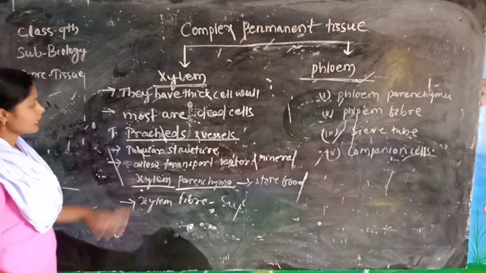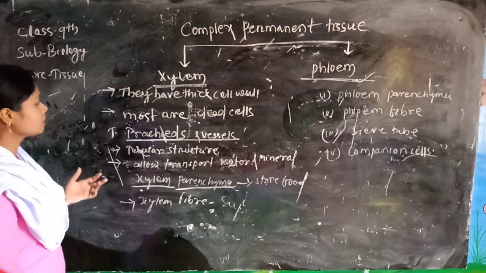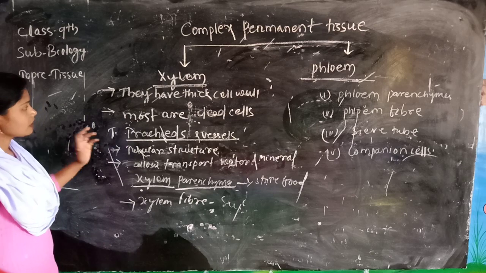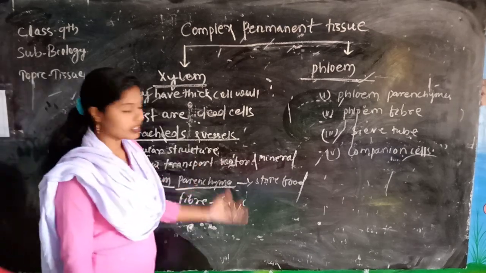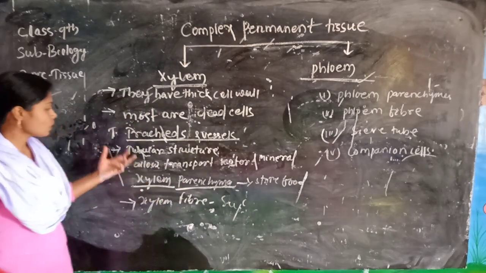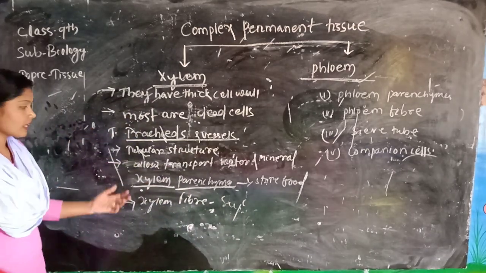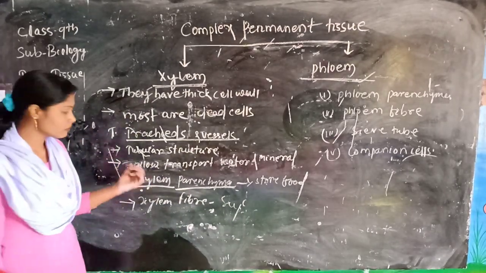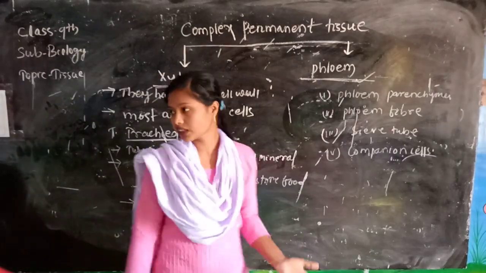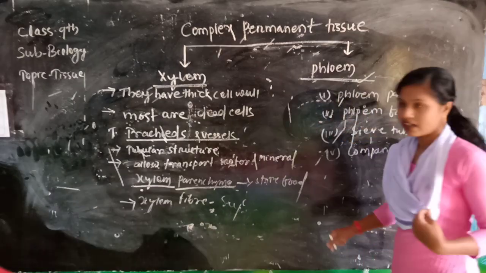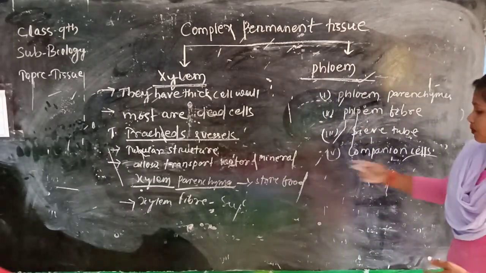Xylem has a thick cell wall and most of them are dead cells. Xylem consists of tracheids, vessels, xylem parenchyma and xylem fiber. Tracheids are tubular in structure and allow transport of water and minerals, xylem parenchyma stores food, and xylem fiber is supportive in function.